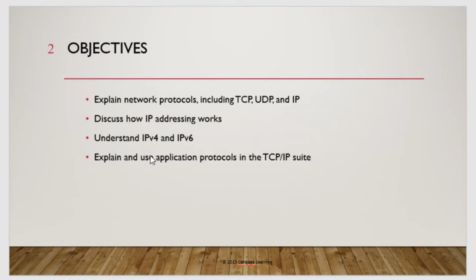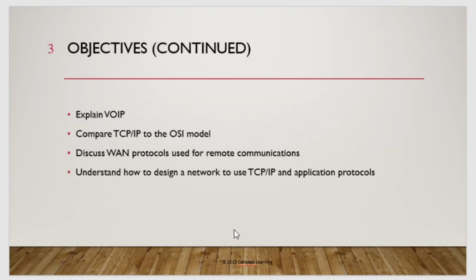And then, objective number 4, explain the use of application protocols in the TCP/IP suite. Now, the TCP/IP, though it is a combination of two protocols, there are other protocols inside the TCP/IP suite. Next objective would be objective number 5.